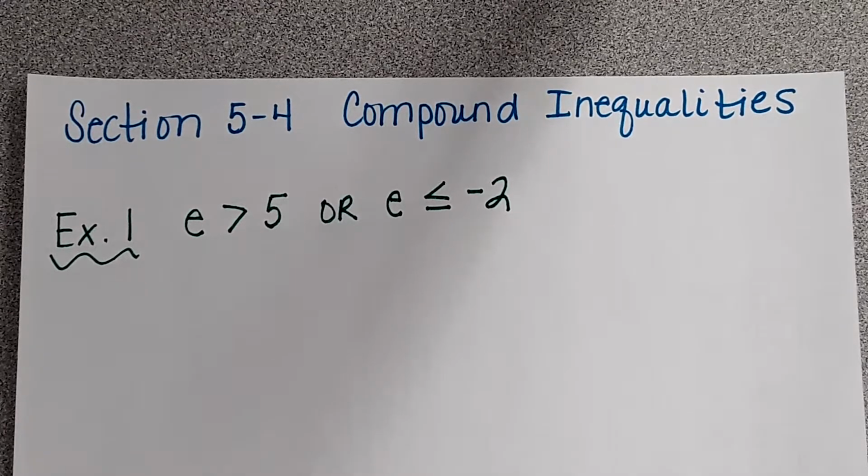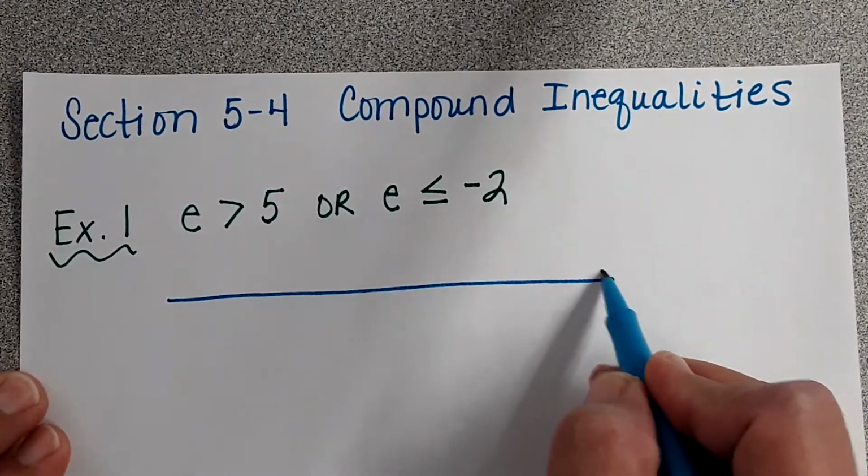So we have ORs and we have ANDs. ORs usually mean that when you go to graph them, they're going to go in opposite directions on the number line. Whereas an AND means that they're probably going to intersect. Okay, so we're going to graph this just like we normally would graph an answer.